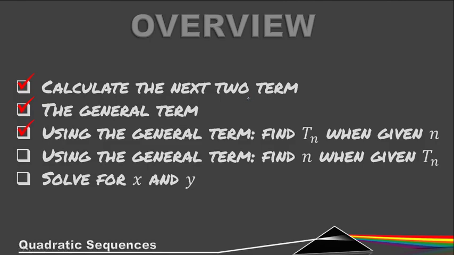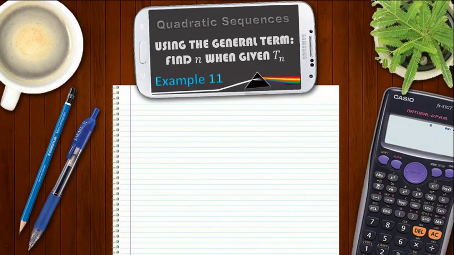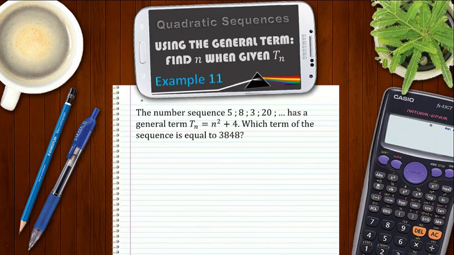Now let's look at finding n. Right, so for example 11, it says that the number sequence 58320 has a general term Tn equals n squared plus 4. Which term of the sequence is equal to 3848? In this case, it's quite important to read thoroughly, because I've seen people just taking this number and substituting it in for n.